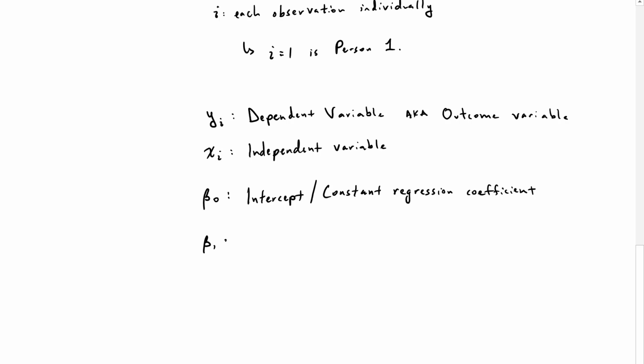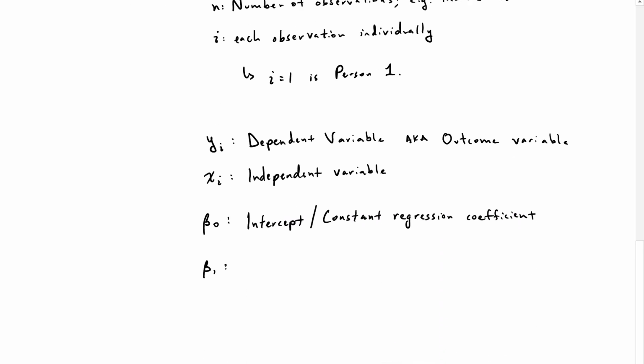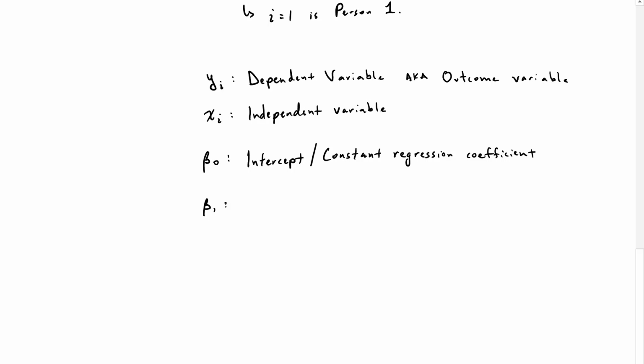Beta 1, which goes together with xi, is the regression coefficient on xi. For example, that could be health insurance from our previous example.